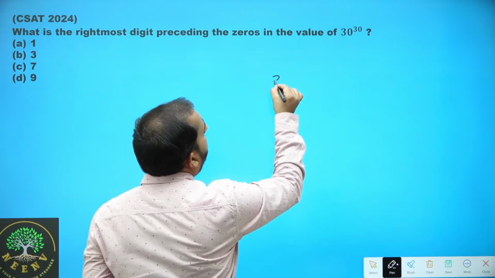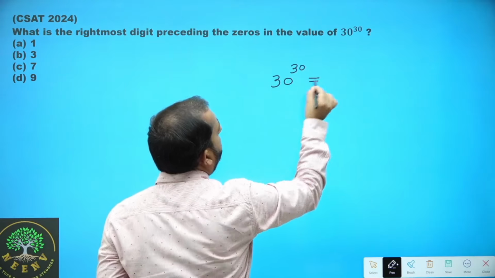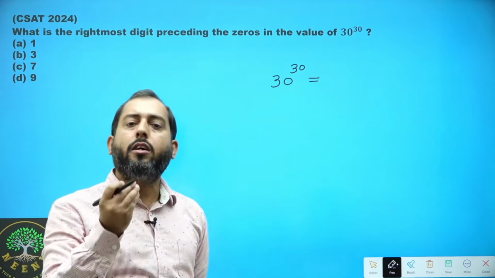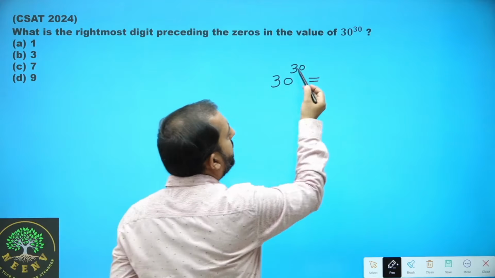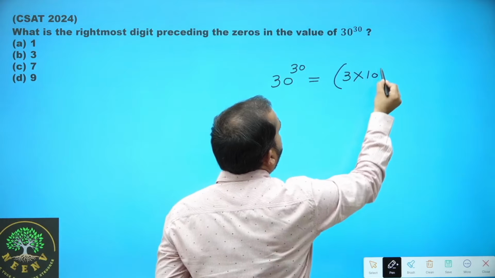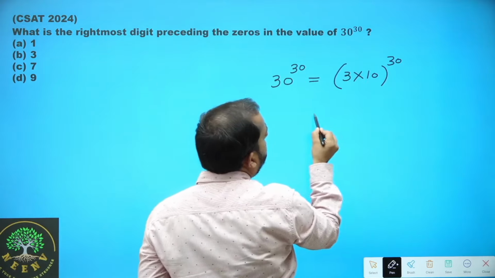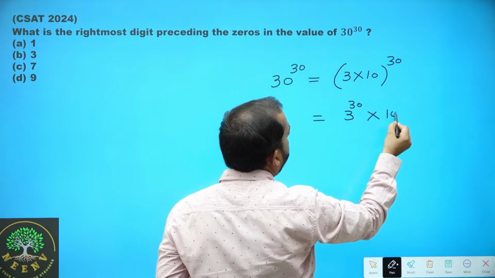So the rightmost digit in 30 power 30 will be the unit digit of 3 power 30. Why? 30 power 30 can be written as 3 into 10 power 30, which can further be written as 3 power 30 into 10 power 30.